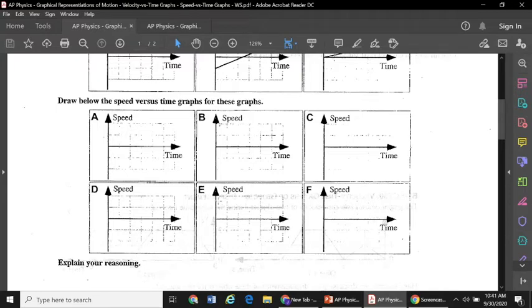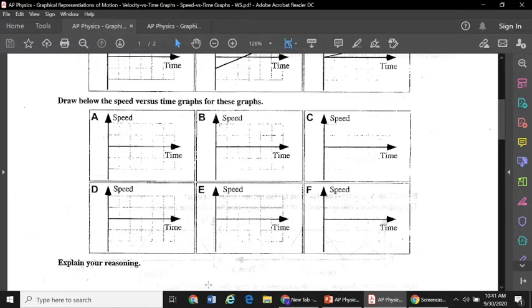I know that because this scan is terrible, the grid spaces got washed out for C and F, but just do your best to sketch the curve, and that's really all we could ask for here, and then explain your reasoning. The key thing I want to focus you on as you start this is, what is speed? What is velocity? How are they related? And how are they different?